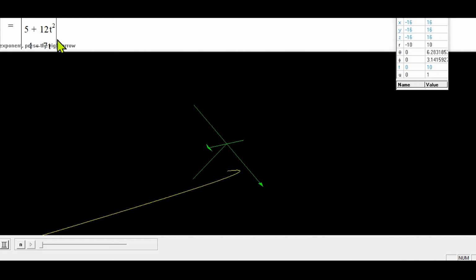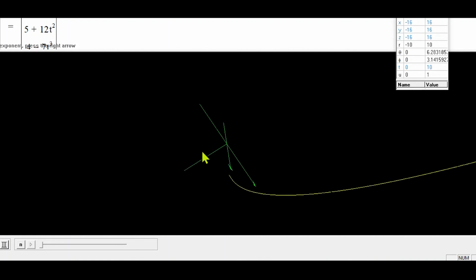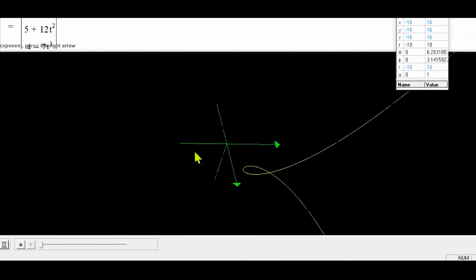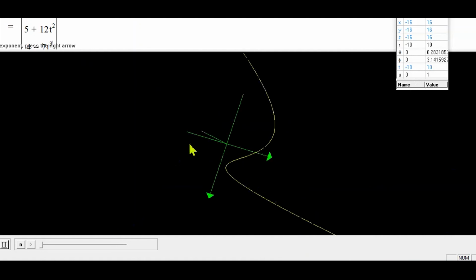Oh, we can play this game. And let's make this thing cube now. Oh, right. Play with t value from negative 10. Space curve. You get it?